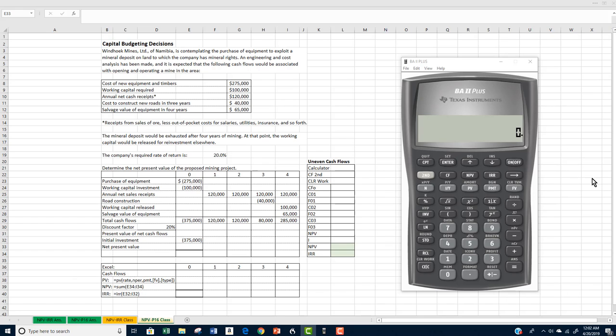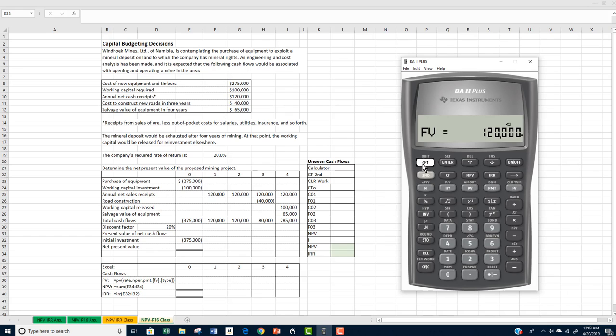Now let's use the financial calculator to calculate the remaining present values of cash flows. For year 1, enter 1 for N, 20 for IY, 0 for PMT or payment, $120,000 for FV.